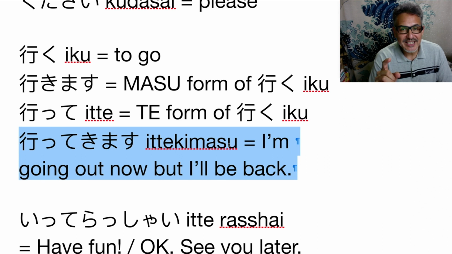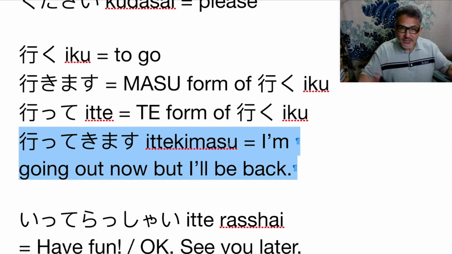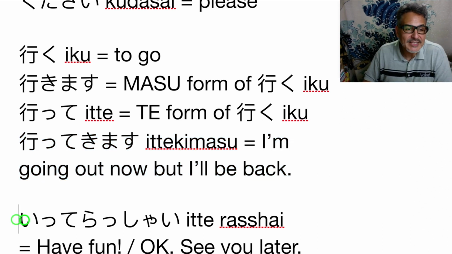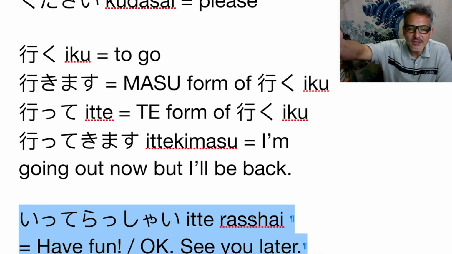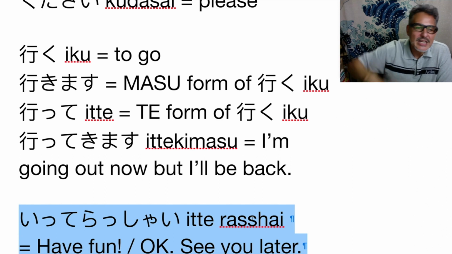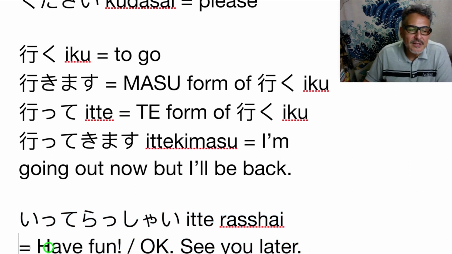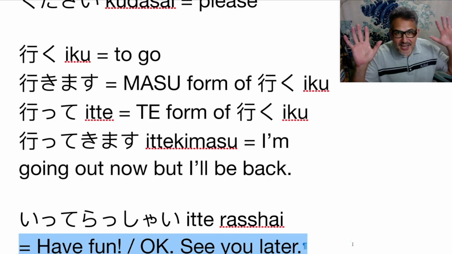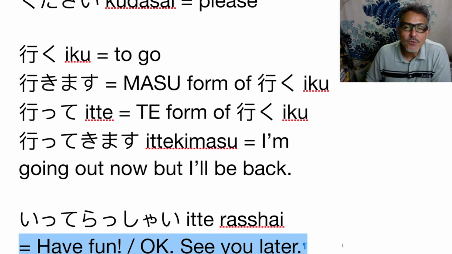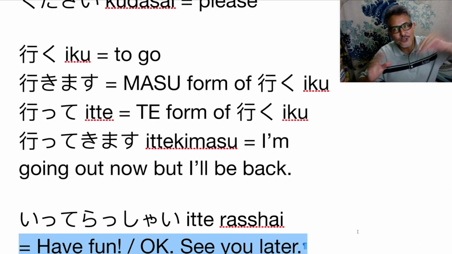And the proper response to that would be itte rasshai, which literally says go and you're welcome. But conversationally, it's like, okay, have fun, see you later, have a good day, that kind of thing. Okay, so one more time, ittekimasu, itte rasshai. These are pairs that you should learn.